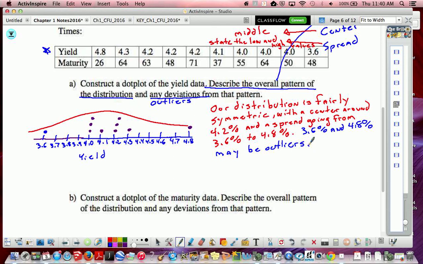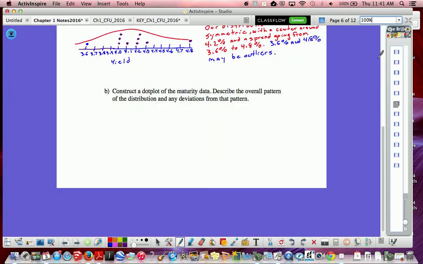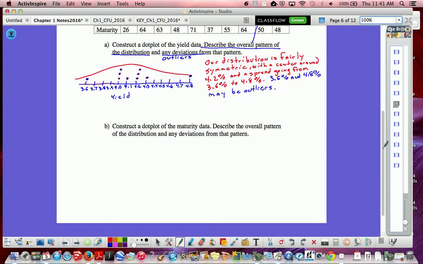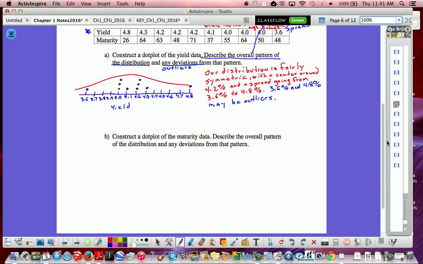All right, let's continue on with part B. It says, construct a dot plot of the maturity data. Describe the overall pattern of the distribution and any deviations from that pattern. I'm going to shrink this just a little bit to 100% so that I can at least see the data and the graph.